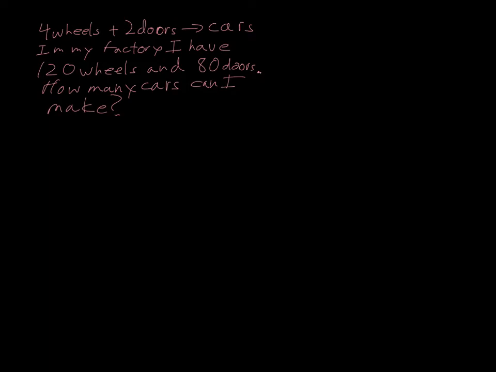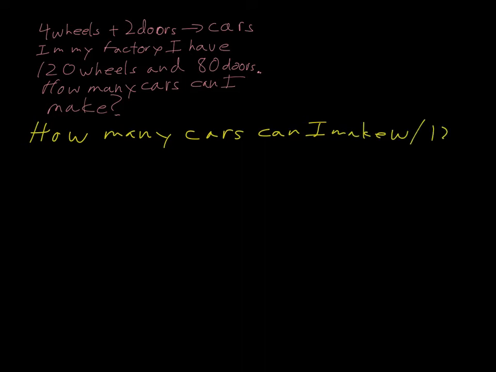You said, how many cars can I make with 120 wheels? And to answer that question, you actually use that stoichiometry method we've been using since the beginning of chemistry class, where we said, okay, I've got 120 wheels.